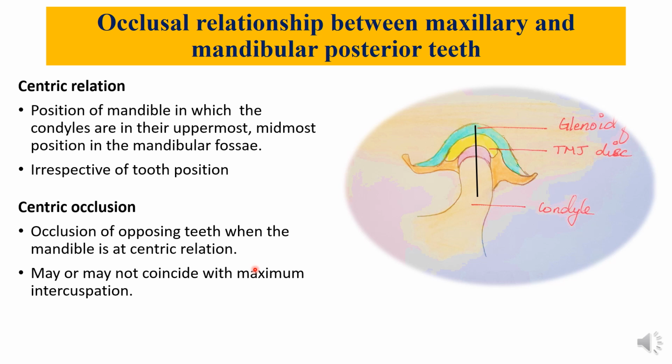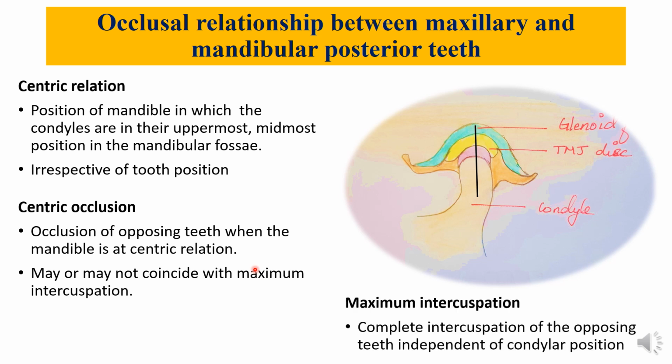That is centric occlusion. Maximum intercuspation means we are completely occluding the maxillary and mandibular arch teeth together, and this is independent of any condylar position. You can't say that in maximum intercuspation the condyle is in centric relation because we are using force to occlude both arches together.